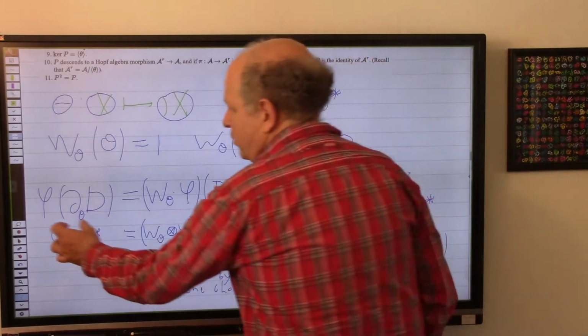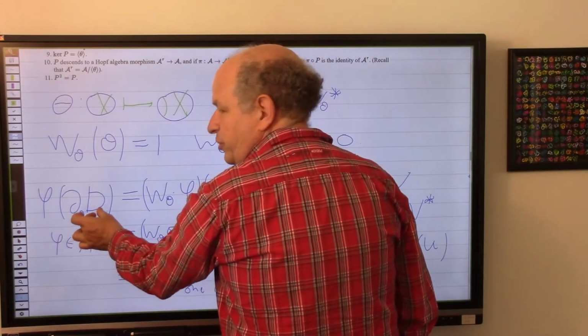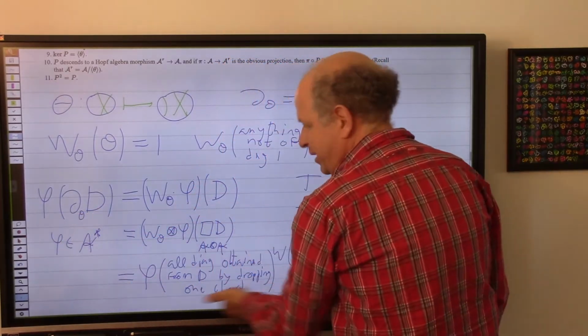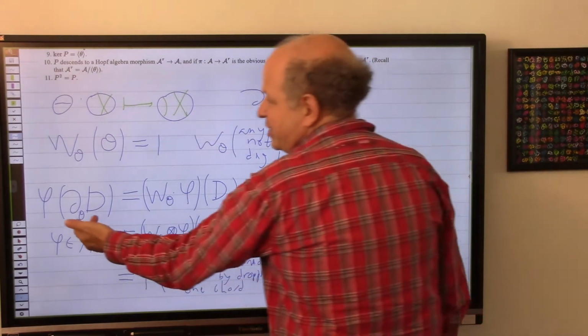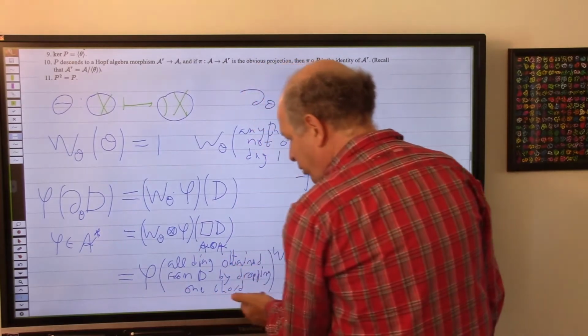So we found that phi of d theta of d is equal to phi of something else. And this should be true for every phi. But this just means that d theta of d is equal to that.